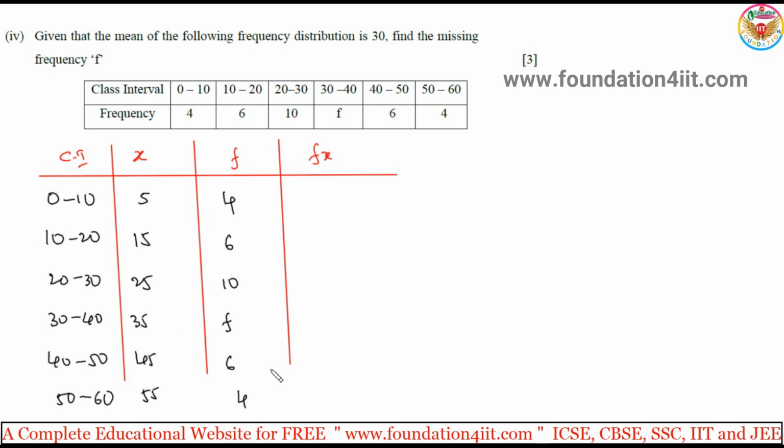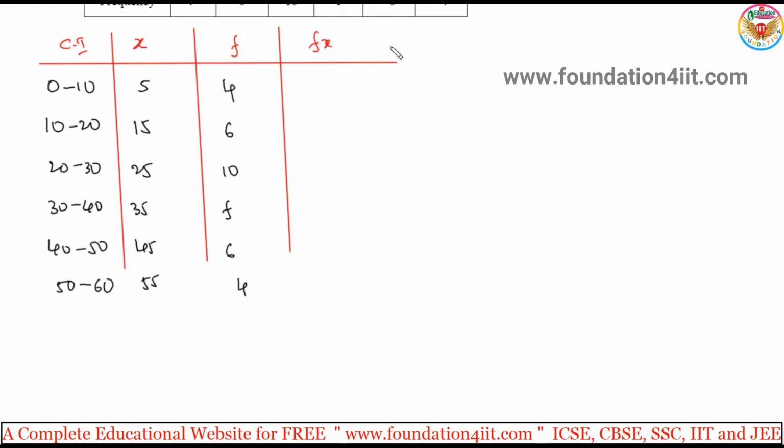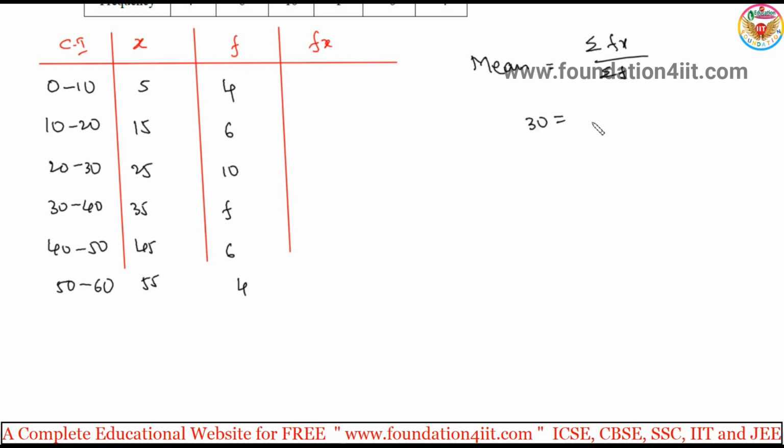Mean is given as 30. By using this mean, let us find out the missing value. According to this problem, mean is equal to sigma fx by sigma f. Already mean is given as 30. Let us find sigma fx by sigma f also.